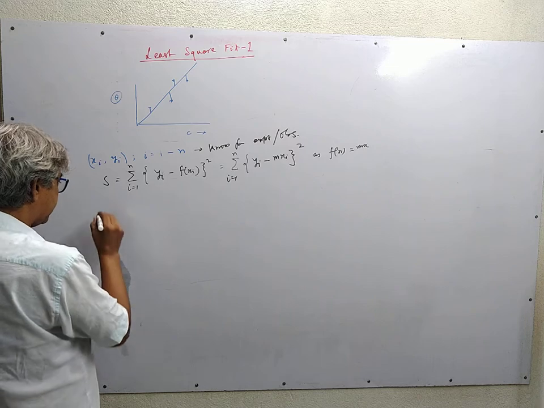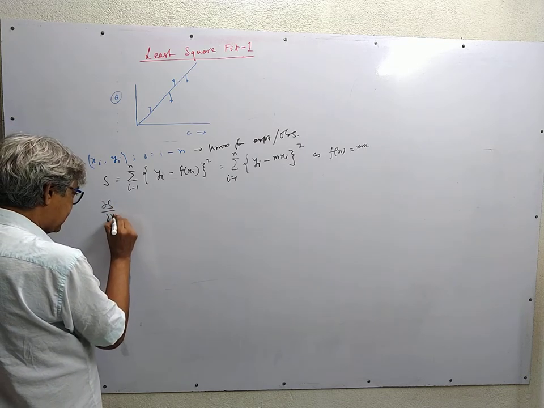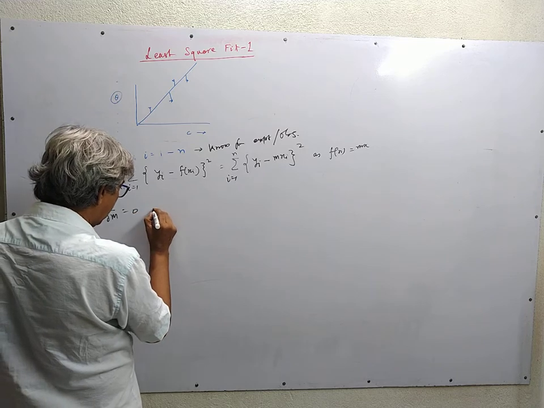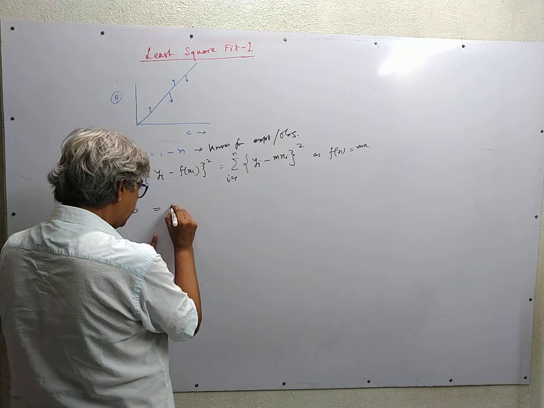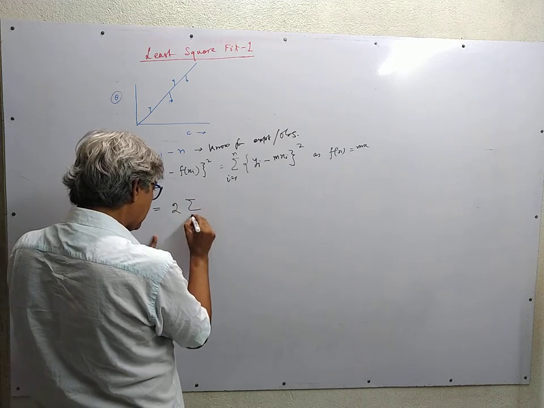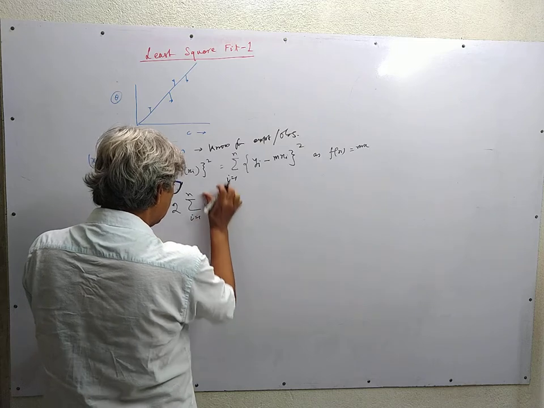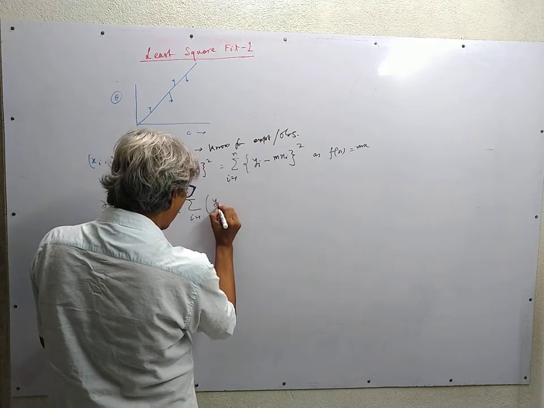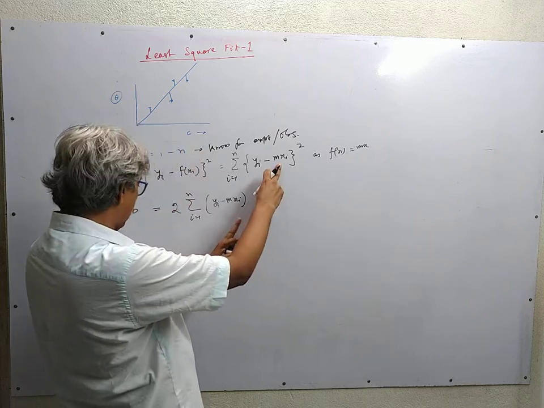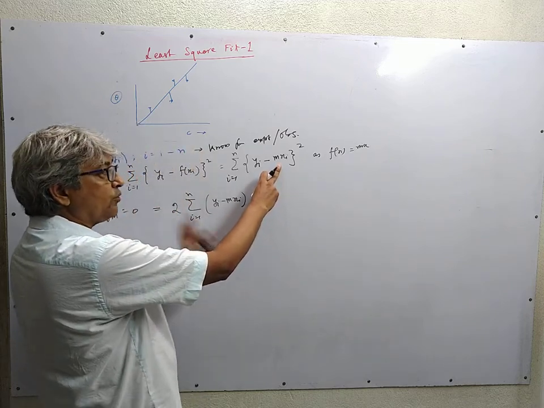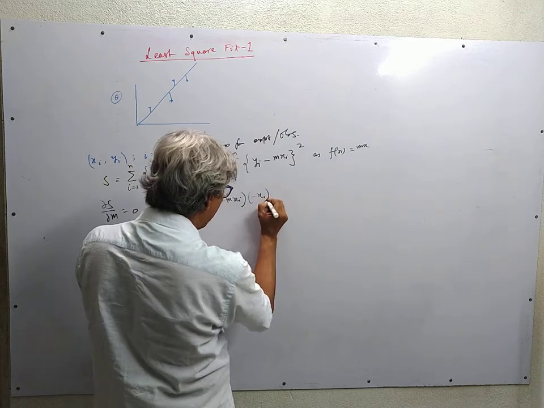And then we state for the optimized parameter, del s by del m is equal to 0. If we differentiate it, we get 2 summation over i is equal to 1 to n, yi minus mxi, and you know that here we are differentiating with respect to m, so we will have minus xi.